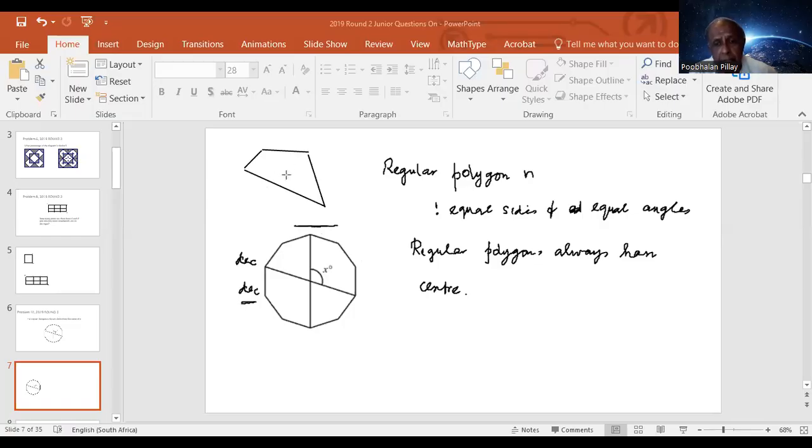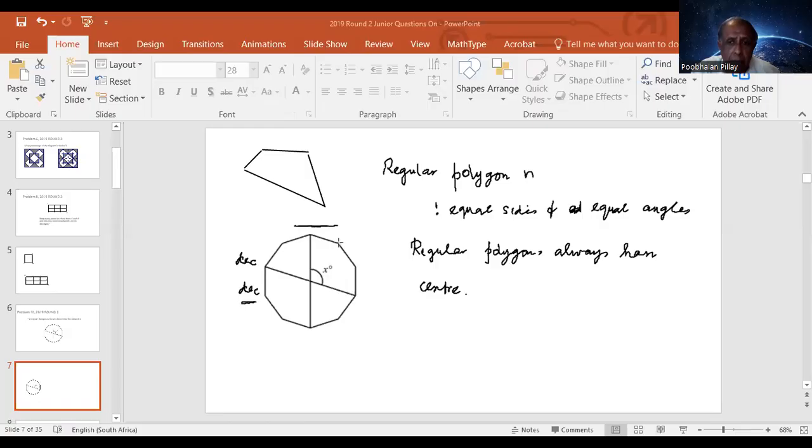Sometimes you have polygons which have such properties, but for a regular polygon, you always have centers. There's always a circle that can connect all the vertices of a regular polygon. So this part here is actually the center, although it's not obvious, but I'm going to just assume this is the center.